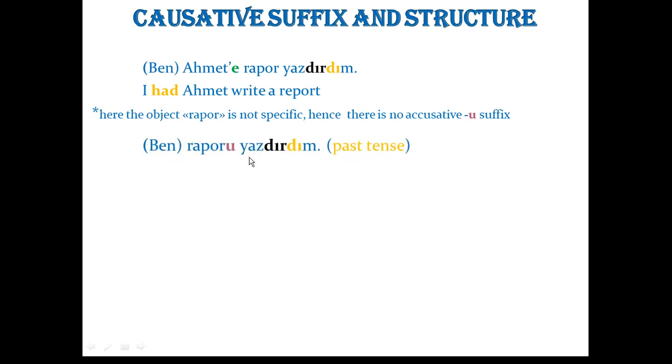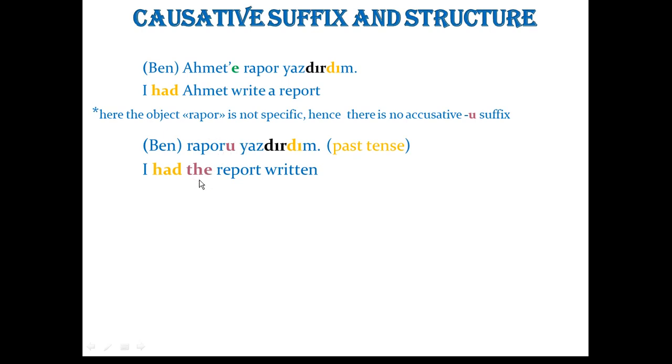Ben raporu yazdırdım. This is the passive causative structure, so the doer of the action is hidden. I had the report written. Again, in this passive causative structure, the object rapor is specific.